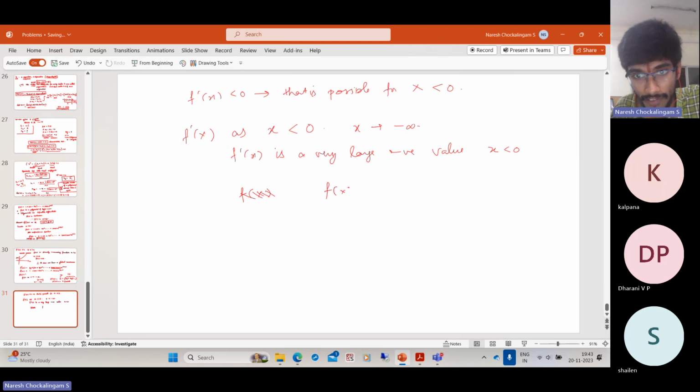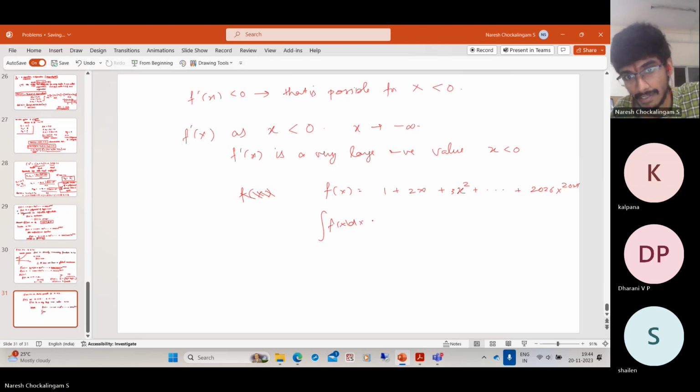So you have f of x as 1 plus 2x plus 3x square up to something. Let us consider the integral of f of x dx, just the indefinite integral. So we get x plus x square plus x cube and so on up to x power 2026. What is the sum of this series?